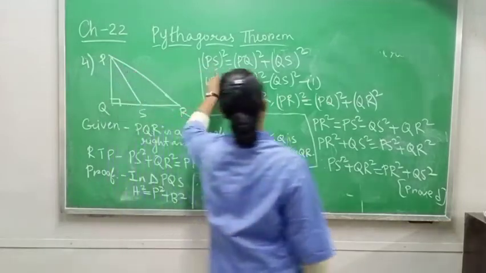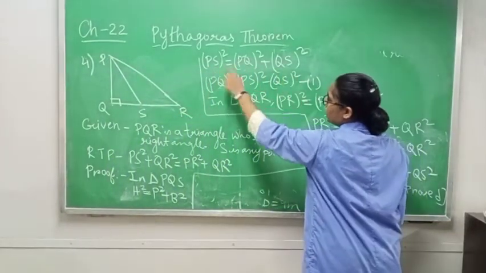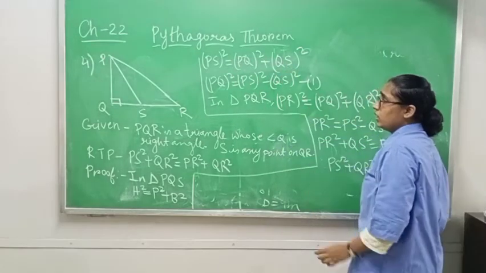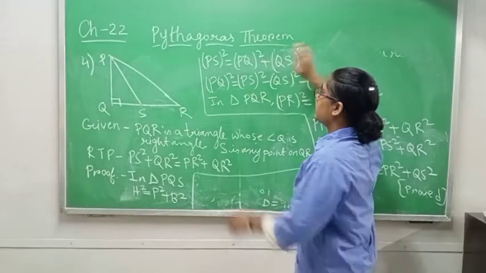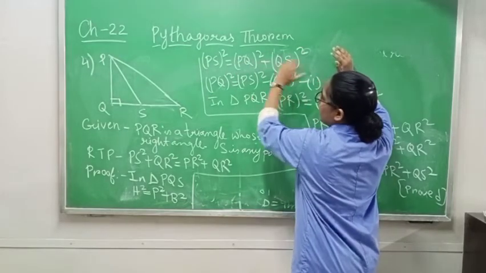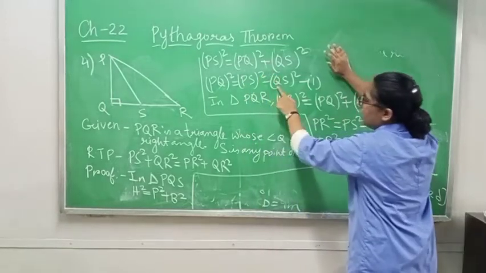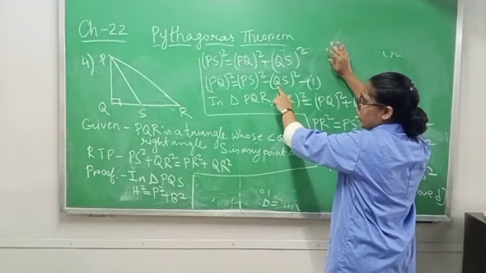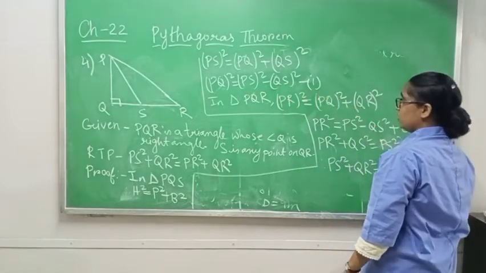That is why I have written PS square equals PQ square plus QS square in place of H, P and B. Now I am finding PQ square value from this one. Means I am keeping PQ square this side and making plus QS square that side. It will become PS square minus QS square, because here we have plus, so it will become minus. Okay, understood? And I am giving name equation 1.